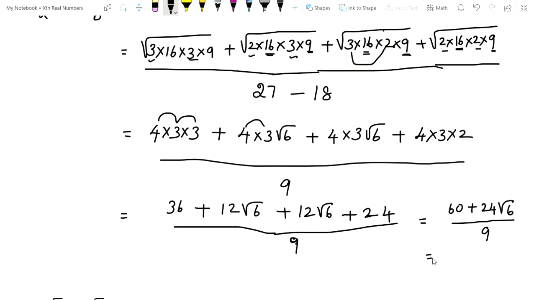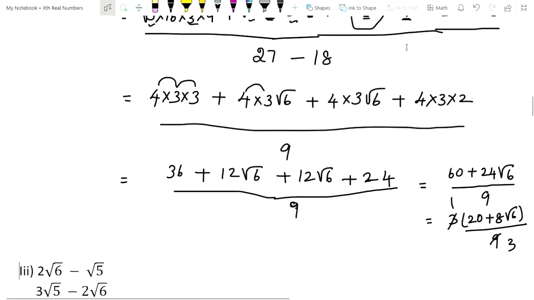What will you take out? 3. So 3 20s are 60 plus 8 3s are 24 root 6, divided by 9. 3 1s are 3, 3 3s are 9. So what will you write? 20 plus 8 root 6 by 3. Do you understand, children?